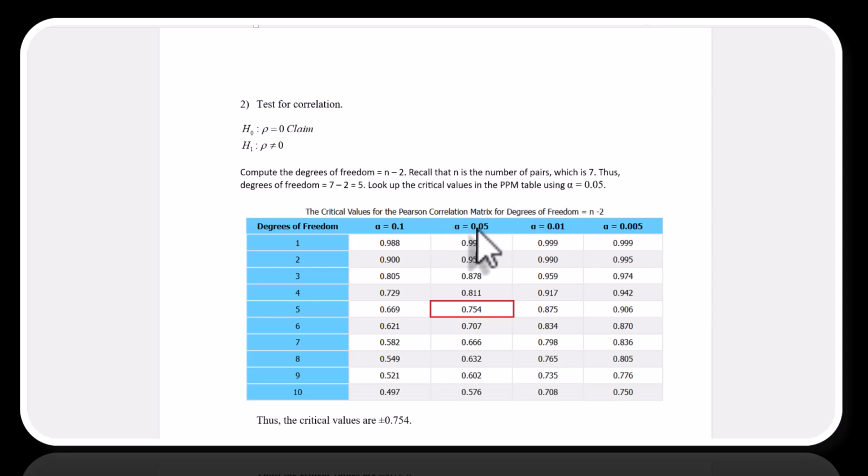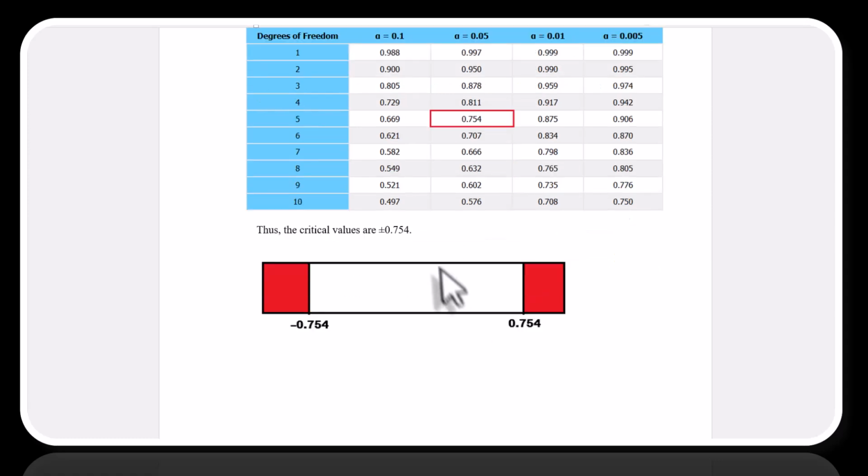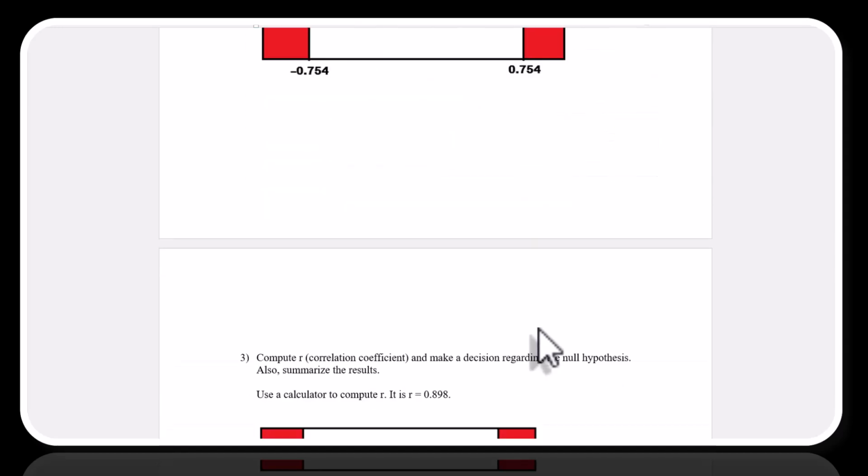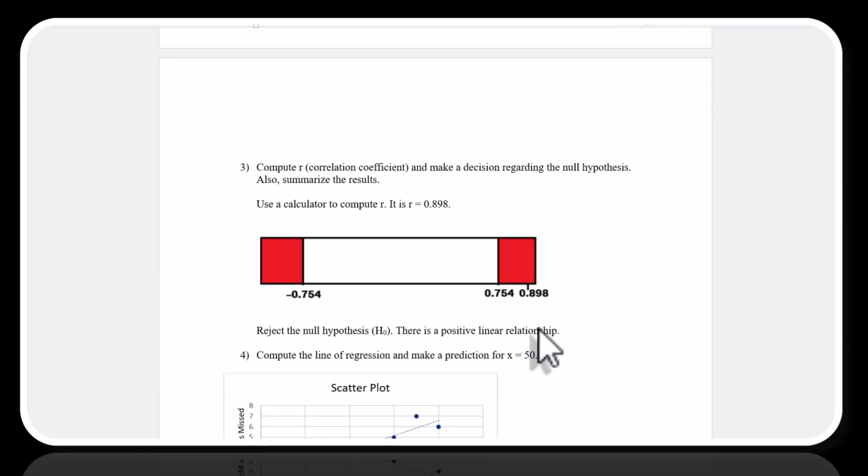Alpha is 0.05. We go down to 5, and the critical value is 0.754. There's actually 2 of them. There's a negative 0.754 and a positive 0.754.